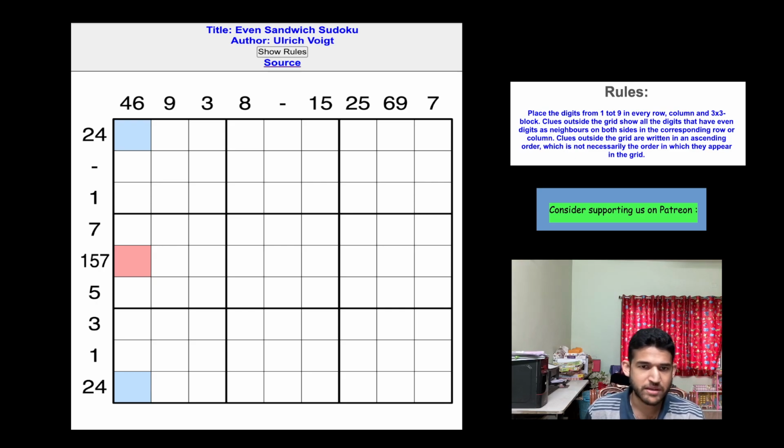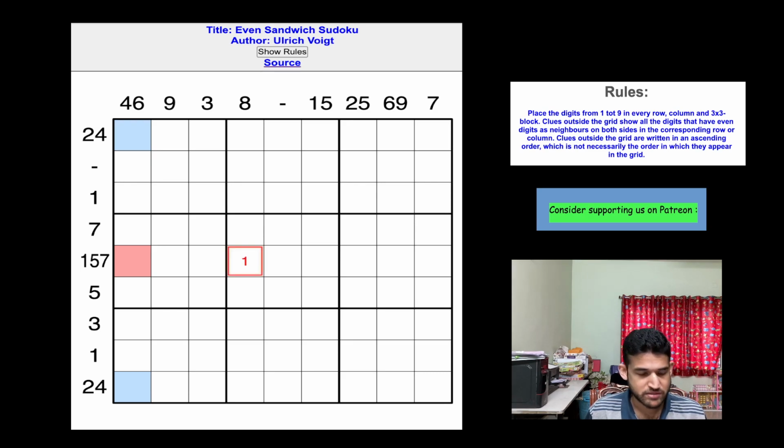And now the second basic step in the Sudoku comes into play. Look at this clue. 1, 5 and 7. There are 3 odd digits, and they're all sandwiched by even neighbors. The only way is when you have evens in alternating cells, right? So what do I mean by that? Let's say you have a 1 in this cell.